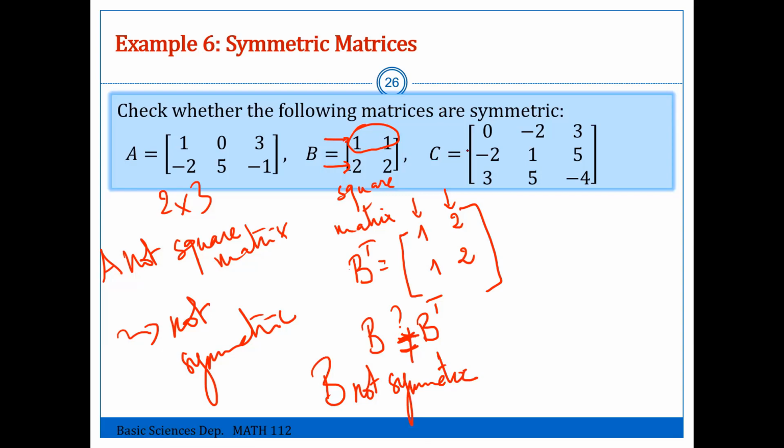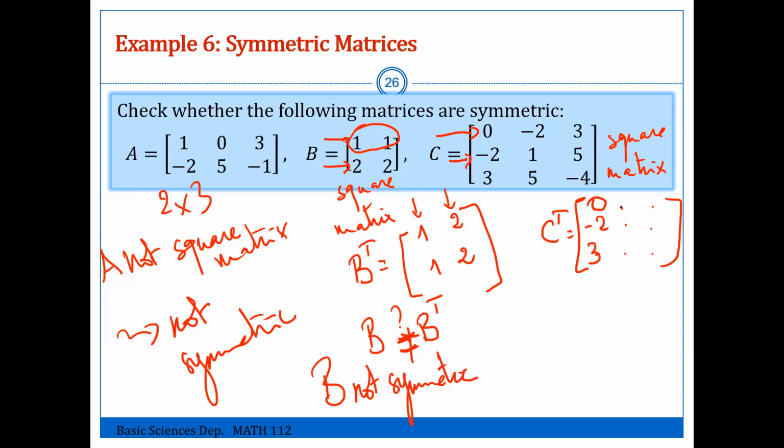What about C? It's a square matrix, okay. What is C transpose? So 3 rows, 3 columns. The first row becomes the first column.